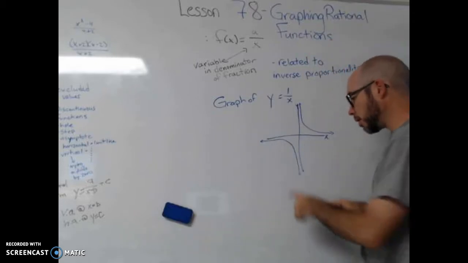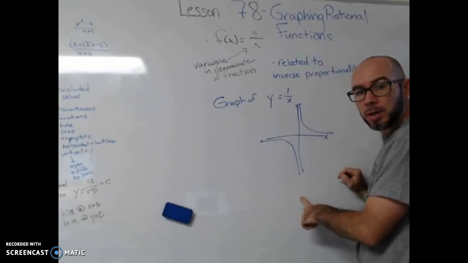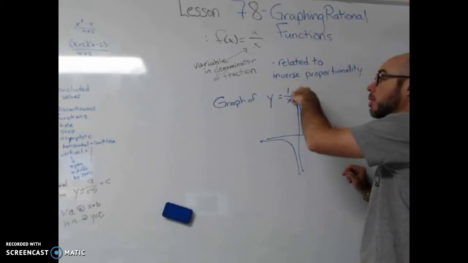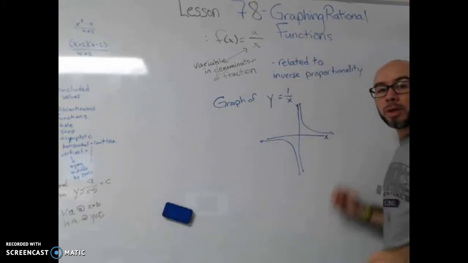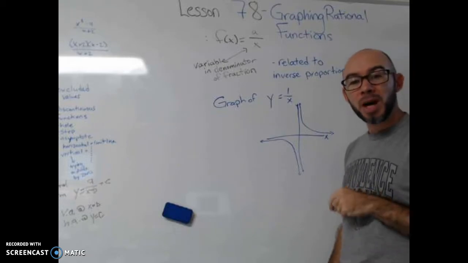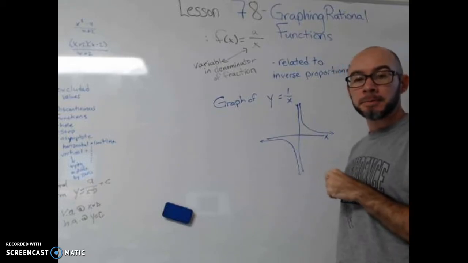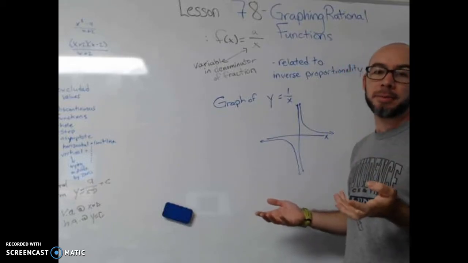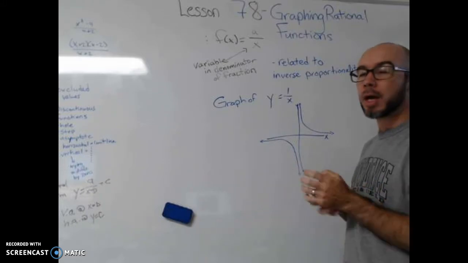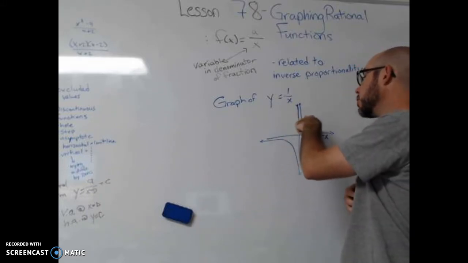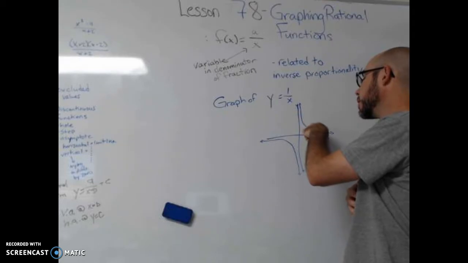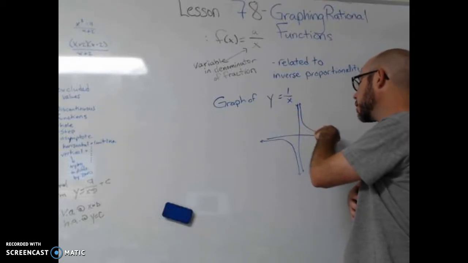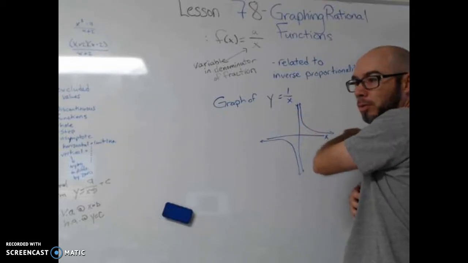So what your calculator does is it stops drawing your picture down here and it starts drawing your picture up here. When you are at 1 over positive 0.1, you've got an answer of 10. And if you plug in 1, you're at 1, 1. And if you plug in 2, you're at 1/2 and 1/3 and 1/4 and 1/5.